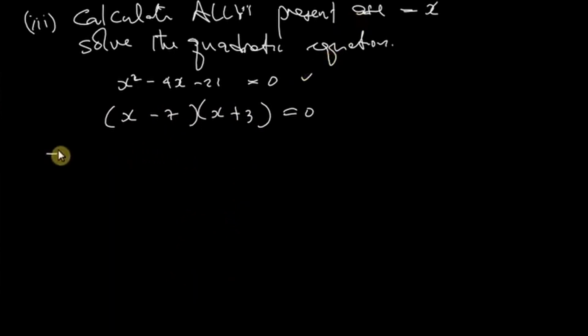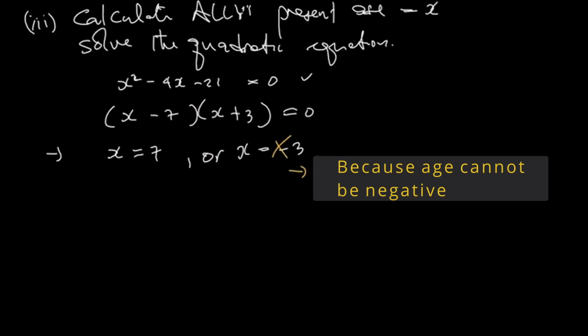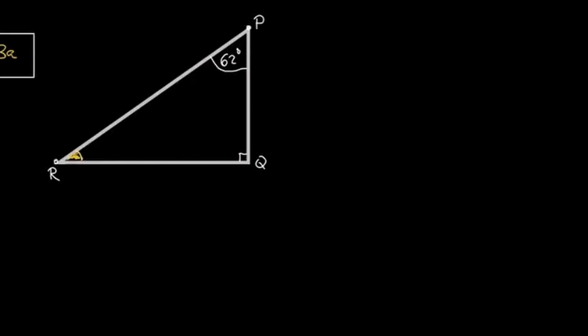So our answer would be either x is equal to plus 7 or x is equal to negative 3. We will ignore this answer because age cannot be negative. Okay, let's move along to the next question.